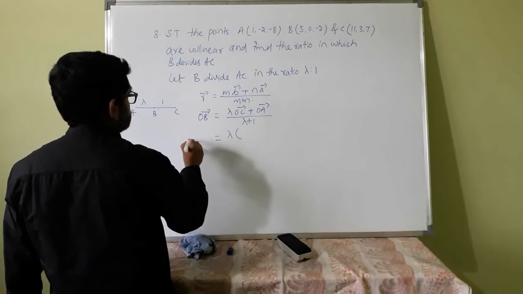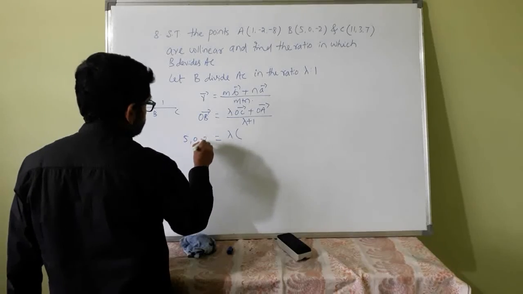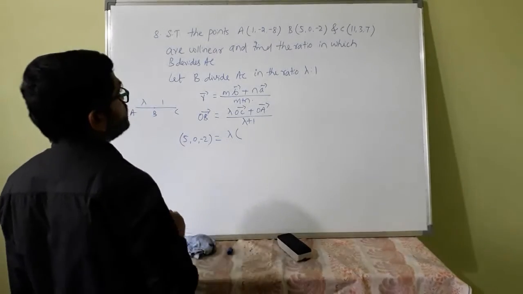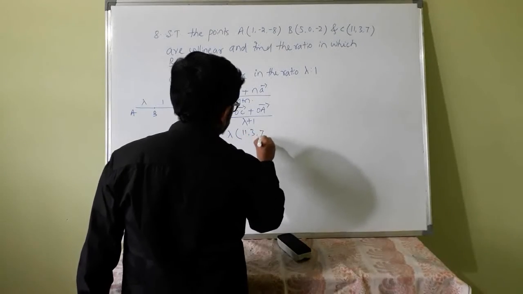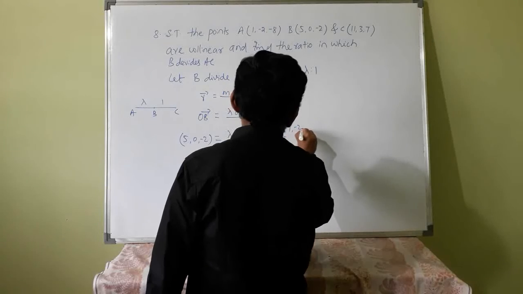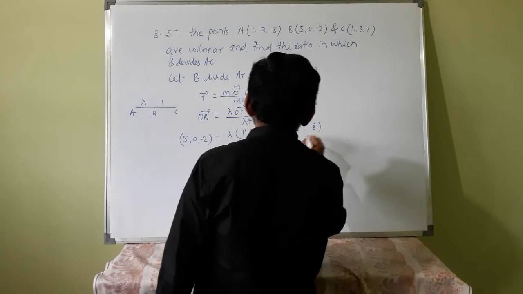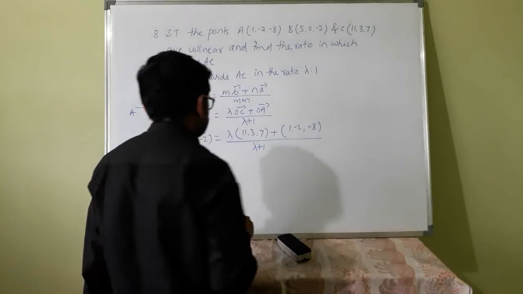That is lambda into OC. This is 5, 0, minus 2. Lambda into OC is 11, 3 and 7 plus OA is 1, minus 2 and minus 8, divided by lambda plus 1.